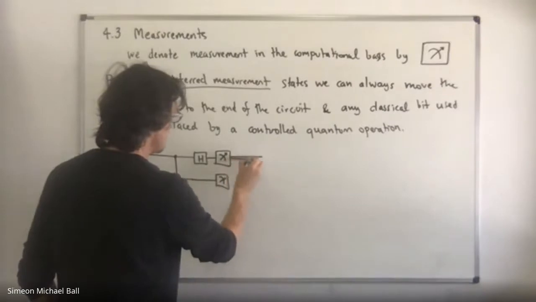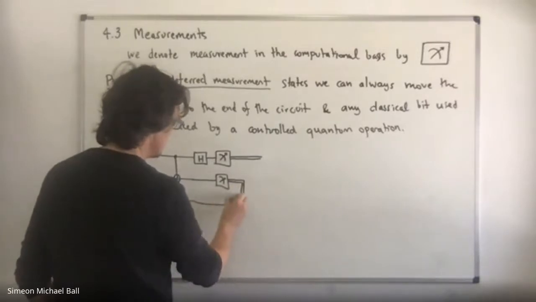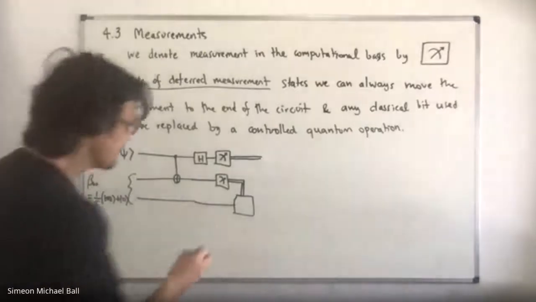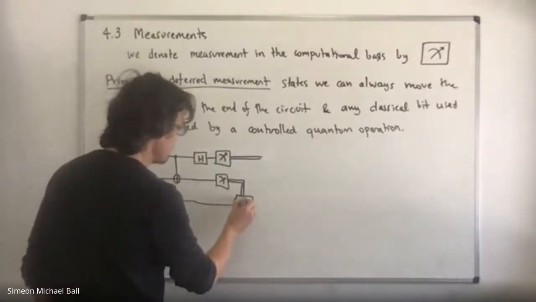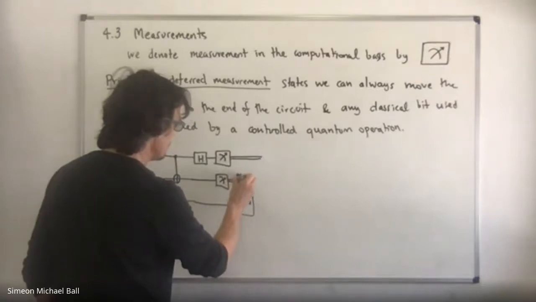Passing the classical information she gets from that down here. And is it X then Z? Yeah. So this is X to whatever the measurement result was here. So this is my M2.